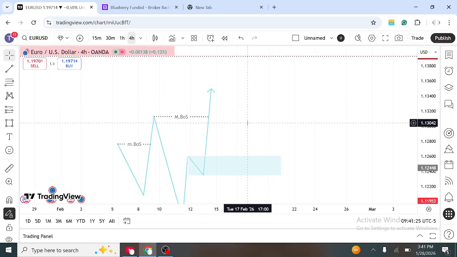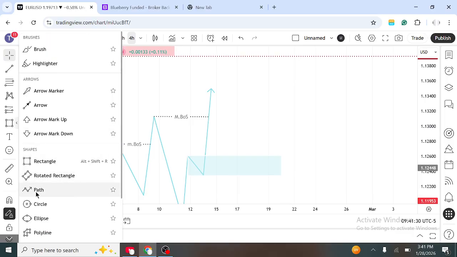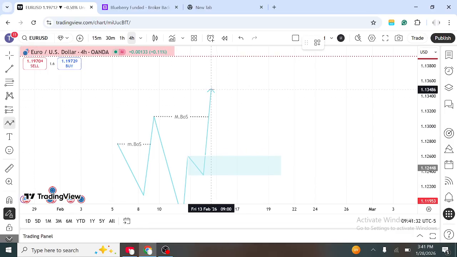So now what do we look out for? We look out for a situation whereby first of all there must be a pullback, all right, like this, which we can call an inducement. So now this is what we are expecting.